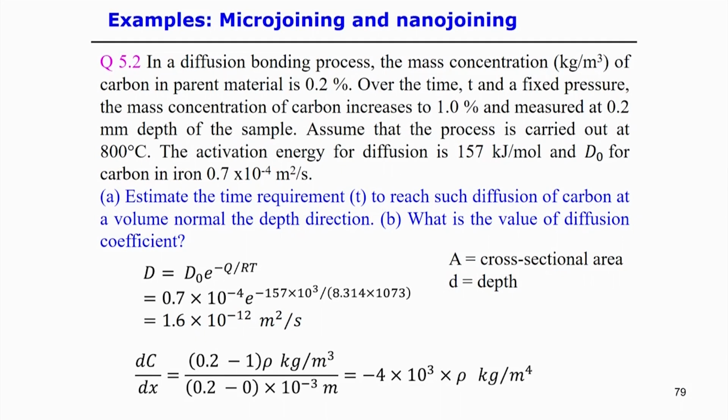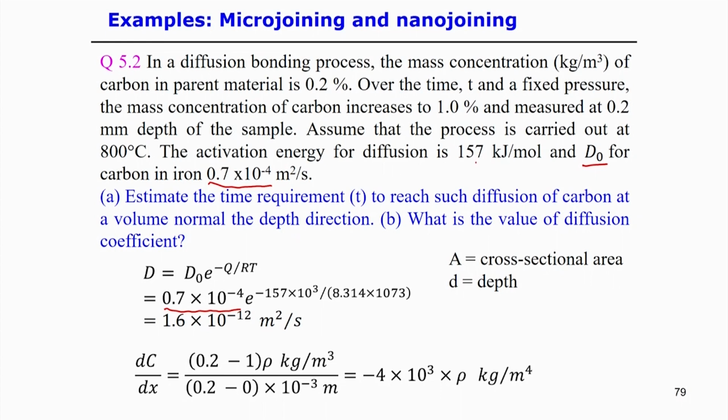So, we use this formula D equal to D0 into e to the power minus Q by RT, where Q is the activation energy, R is the characteristic gas constant, and T is the temperature. So, basically in this case D0 is given, that constant D0 is 0.7 into 10 to the power minus 4, and Q is the activation energy.